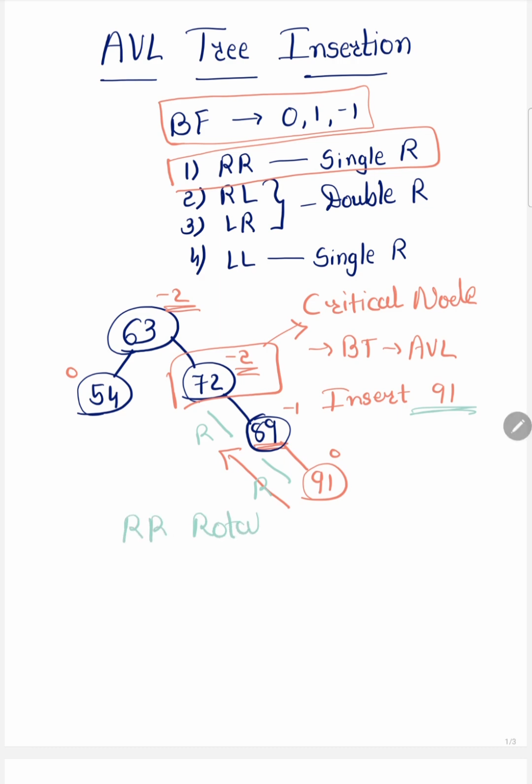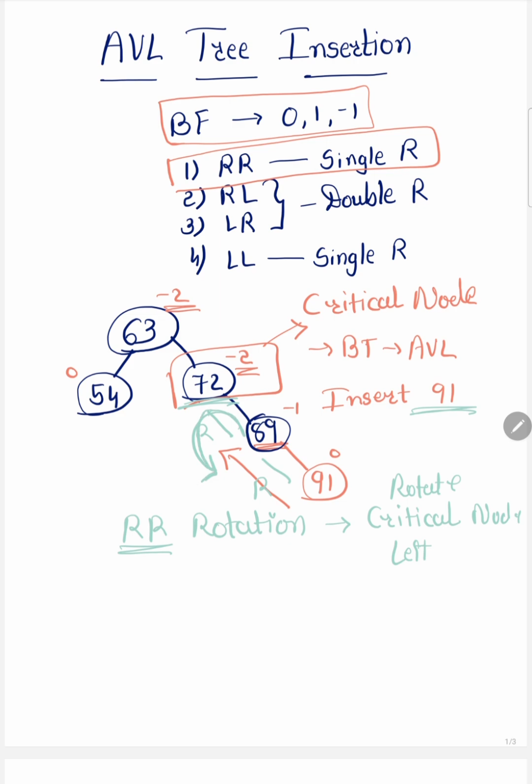As I told you earlier also, whichever kind of rotation it is, you need to rotate towards its opposite. So if it is an RR rotation, you need to rotate your critical node towards left. In this case you need to rotate this 72 towards the left, towards this side.